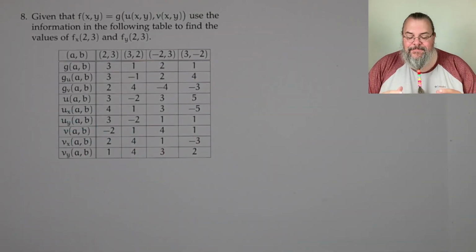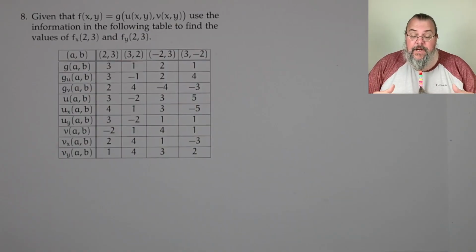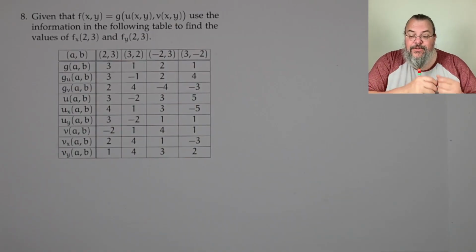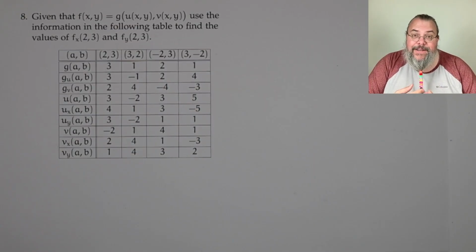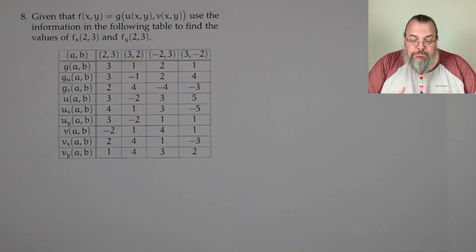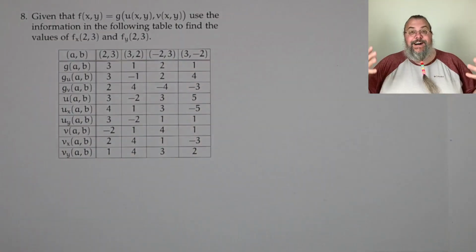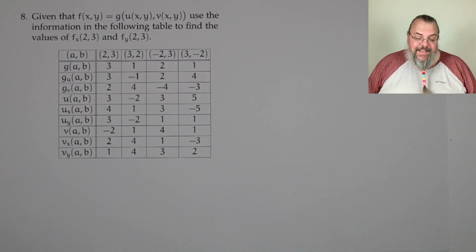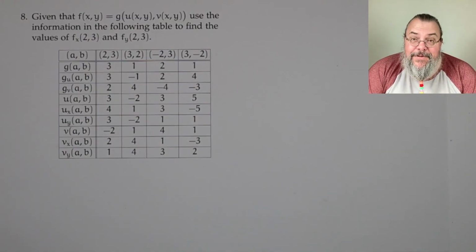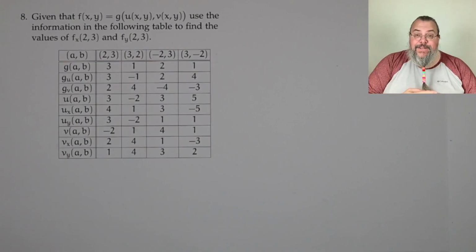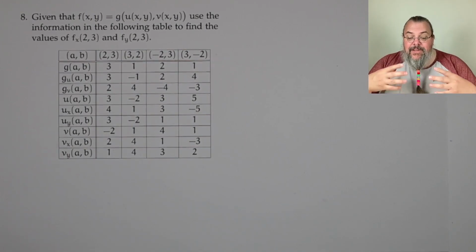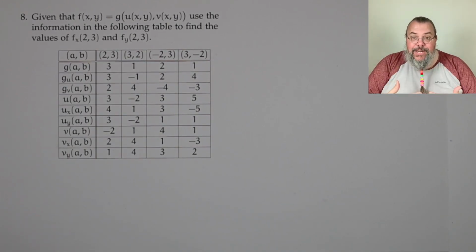Number 8. Given that f of (x, y) is g of (u(x, y), v(x, y)), use the information in the following table to find the values of f sub x of (2, 3) and f sub y of (2, 3). And you're just like, whoa, there's a lot of table there. And you might be getting a little bit nervous, but let's talk through the process. What's being used here? This is asking us about the chain rule.